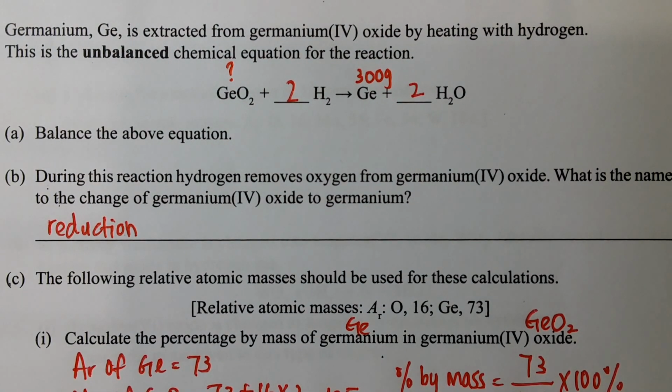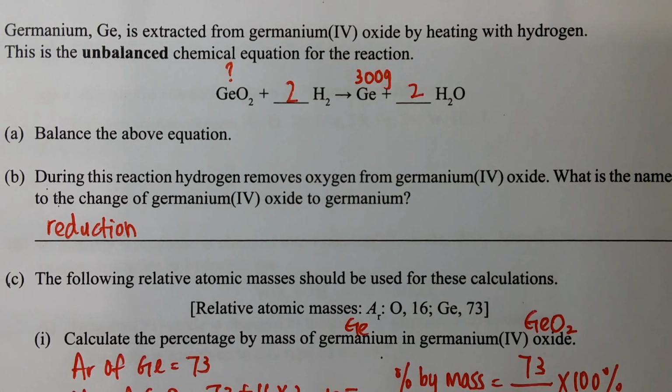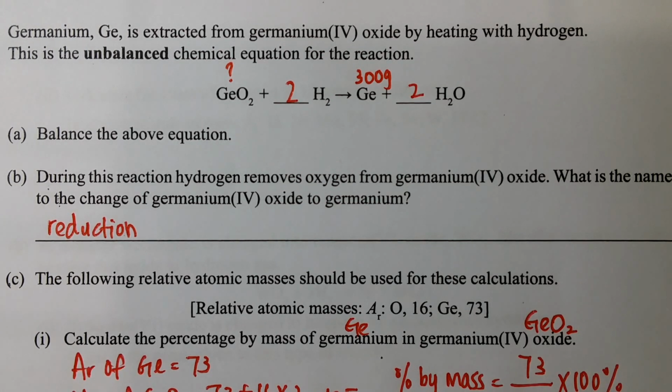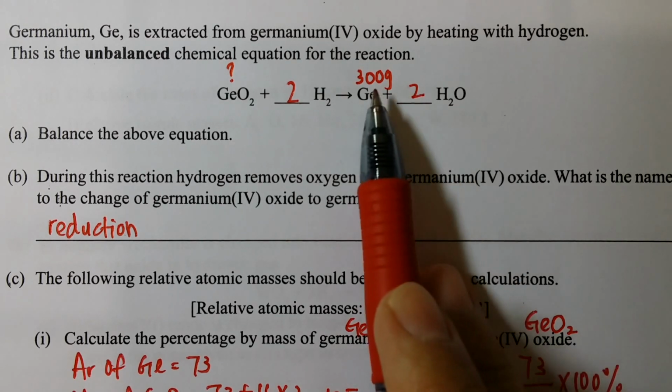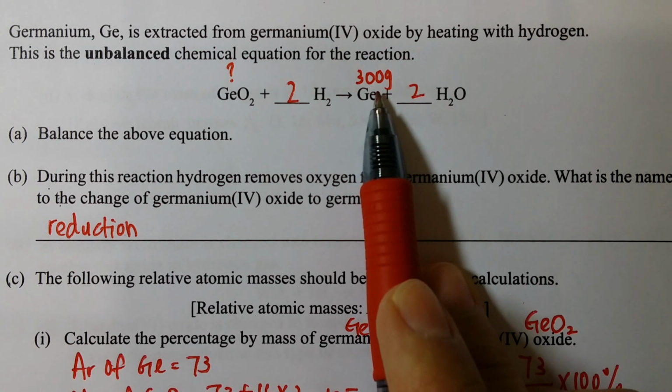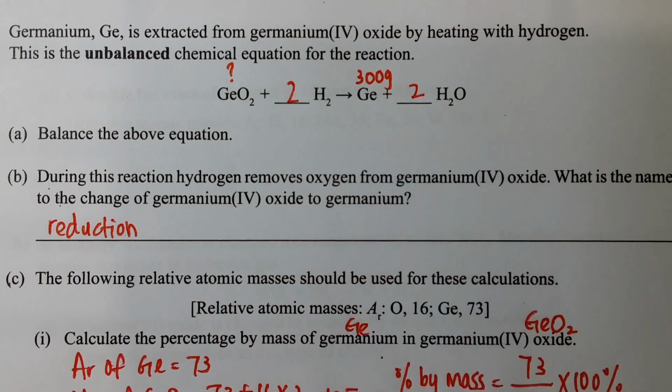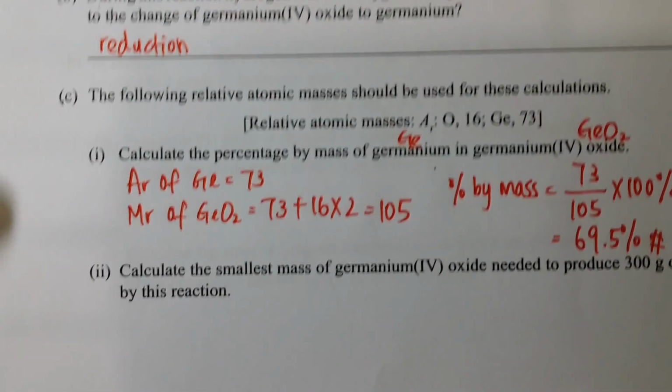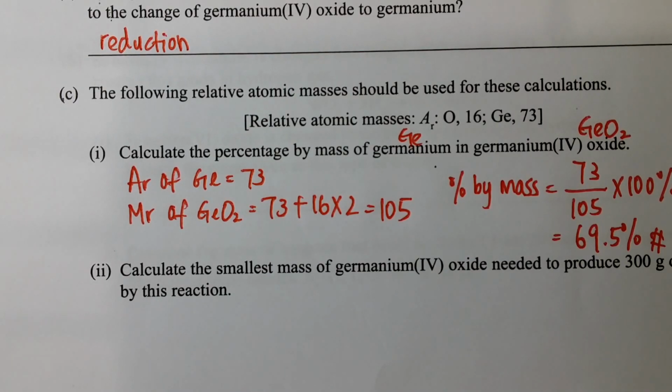Okay, so for this question there are actually two ways of solving it. You can either use a mole ratio or mass ratio. If you use mole ratio, then you have to change 300 gram to number of mole. If you use mass ratio, actually it is slightly easier. So let's use mass ratio.